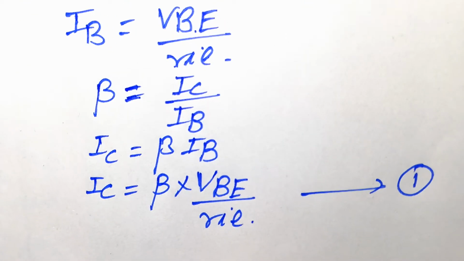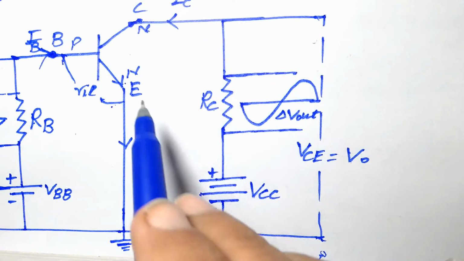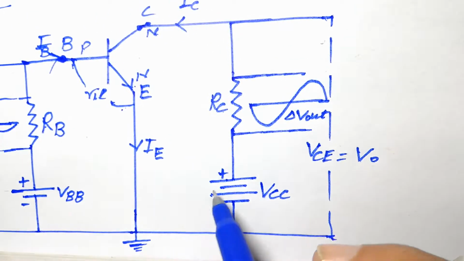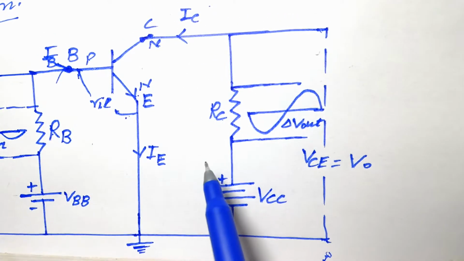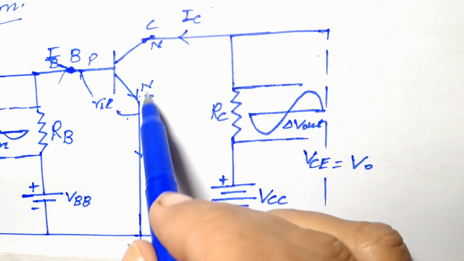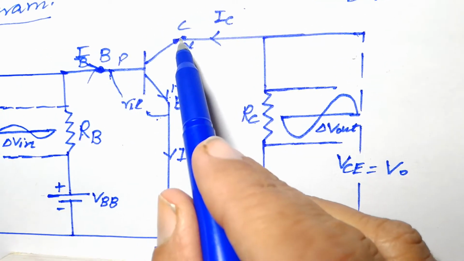And now come to the next one. That is the output region. The output is V naught, and V naught is equal to VCE, the output voltage.